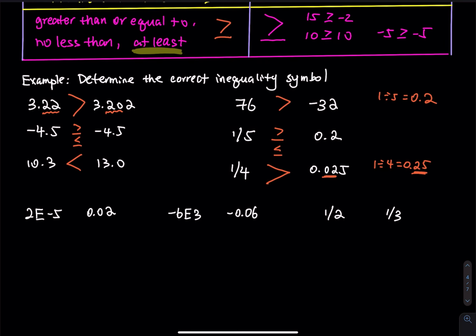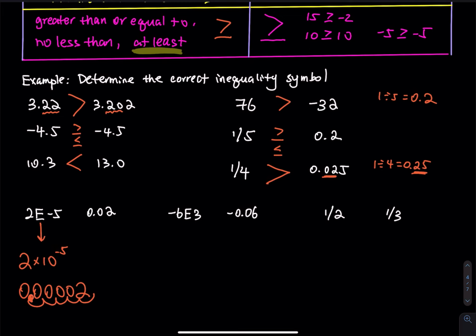And then what about this? What is 2e negative 5? The e means 2 times base 10 raised to the negative 5th power. That means you have to move the decimal point 5 steps to the left. So that generates 5 zeros on the left hand side of 2. So 1, 2, 3, 4, 5. You put a decimal point right here.